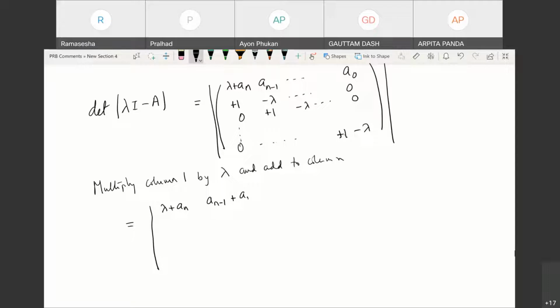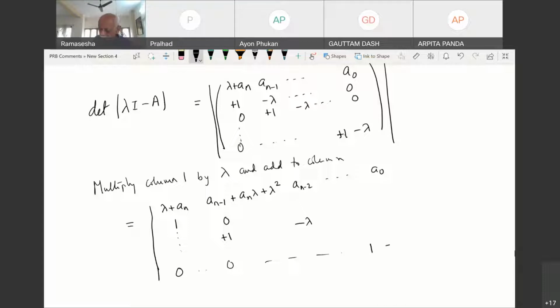And this is 1, 0, and the diagonal element will vanish, right? So this goes to 0. And then I have below that, I have a plus 1. Then the next lambda, and this is a minus 2, 1 to a naught, 0, 0, 0, 1, and minus lambda.